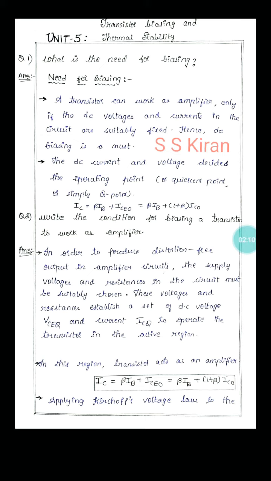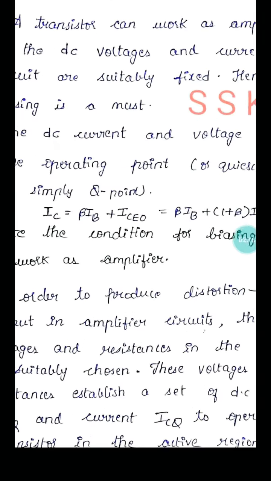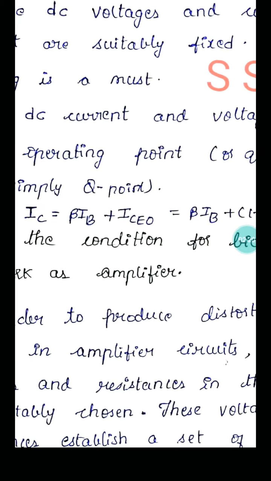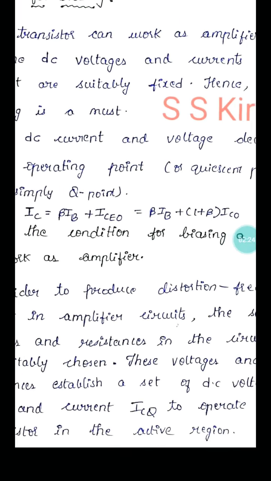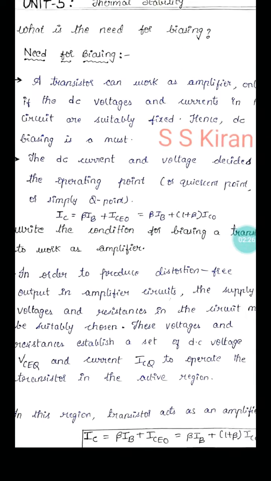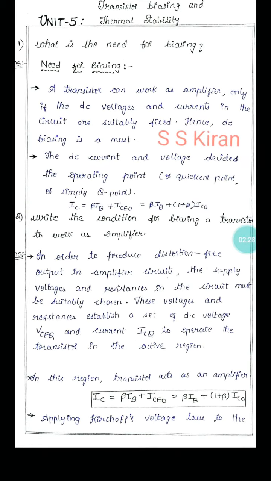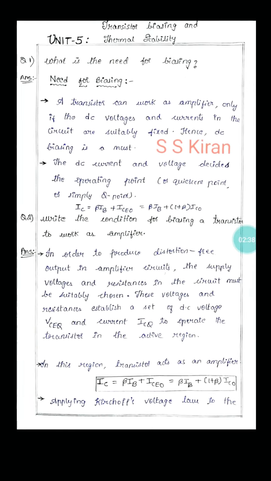Okay, simply it is called a Q point. What is the equation for this biasing? IC is equal to beta IB plus ICEO or beta IB plus (1 plus beta) into ICBO. So need for biasing, the first one is transistor can work as an amplifier, and second one to maintain operating point. These two points are very important, right?